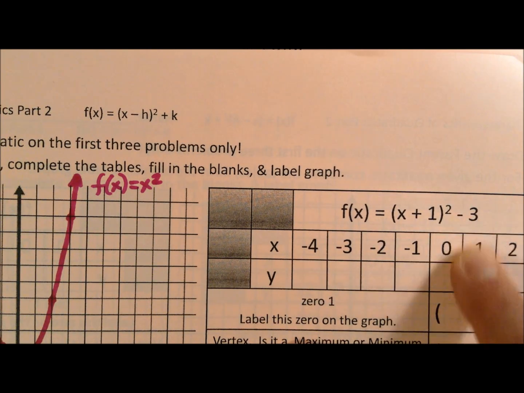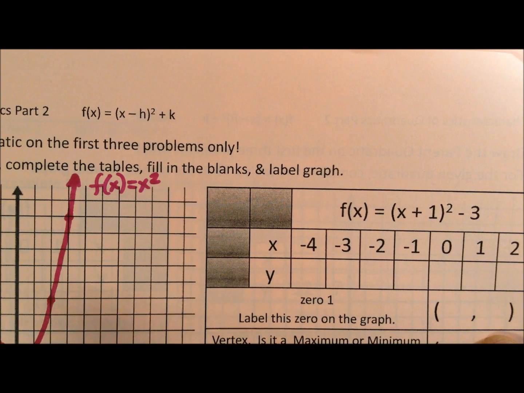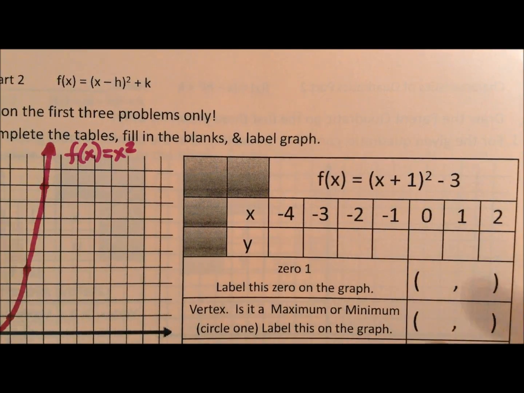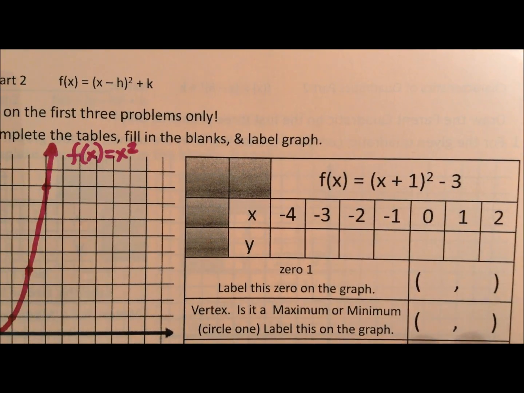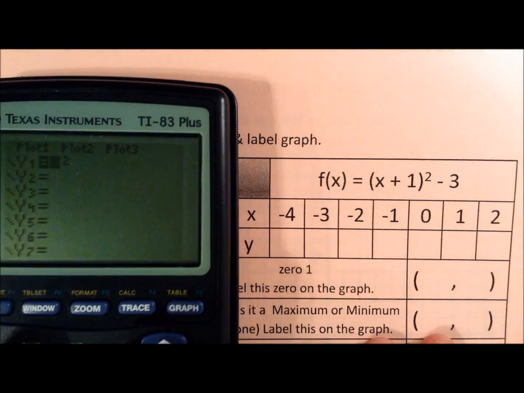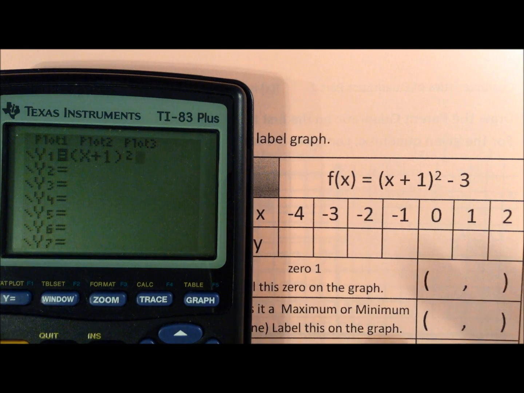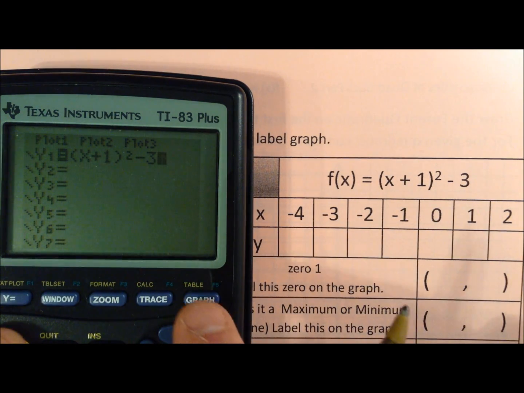This is going to slide it down 3. But what we can do is we can just take our calculator and let's fill in the table. So I'm going to do parentheses x plus 1, close it, and we're going to square that quantity. We're going to square what's inside the parentheses, and then we're going to subtract 3.